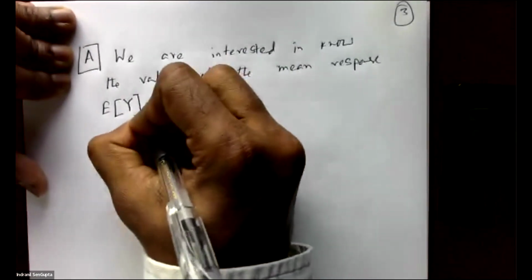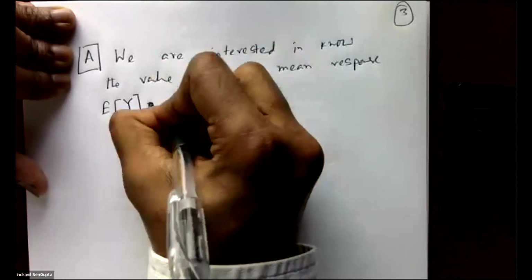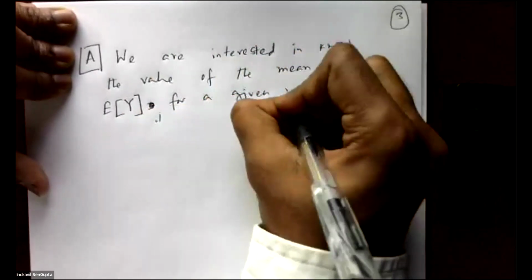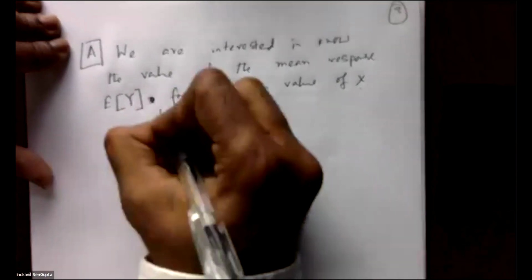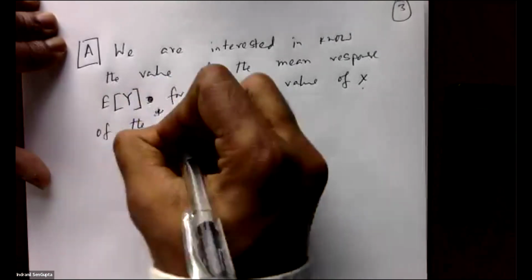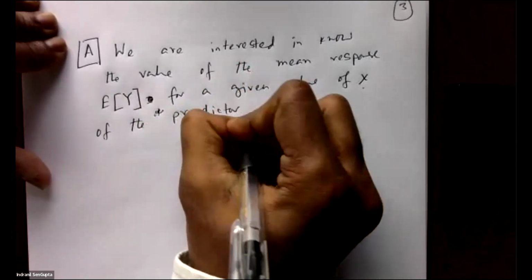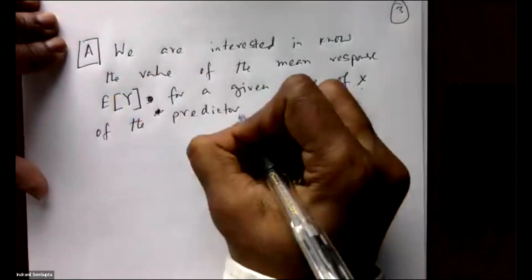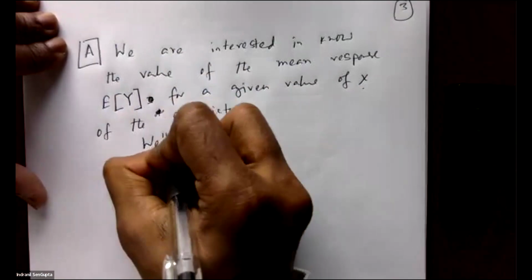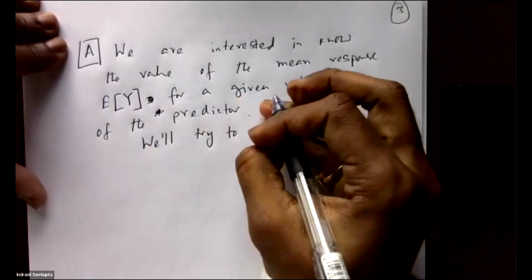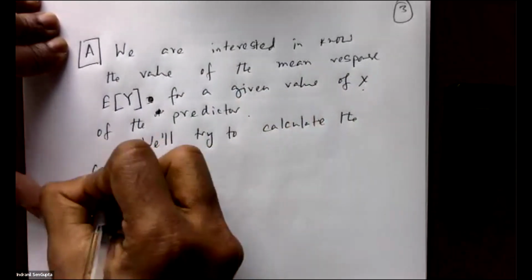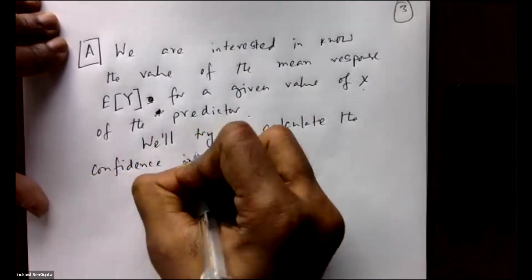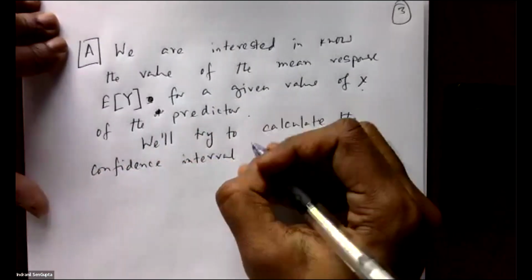For convenience, let's denote it by mu of y, for a given value x of the predictor. In other words, we will try to compute the confidence interval for the mean.